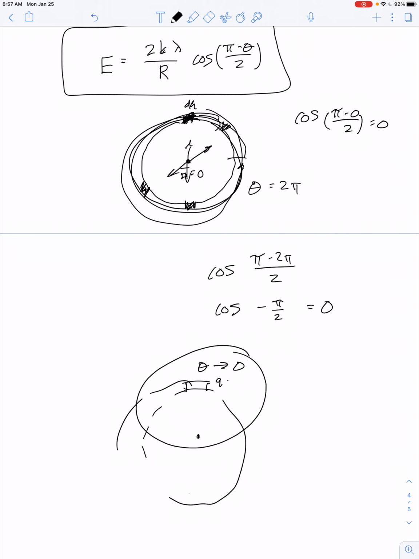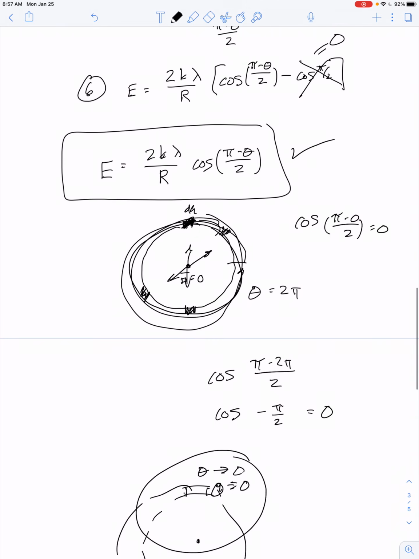Because theta is approaching 0, then the total amount of charge, capital Q, is approaching 0. Okay, so always check our results to see if they match the extreme cases, to see if it's valid. And it seems like this is a most likely valid equation. So we're going to settle on that. And once again, say thanks for watching.